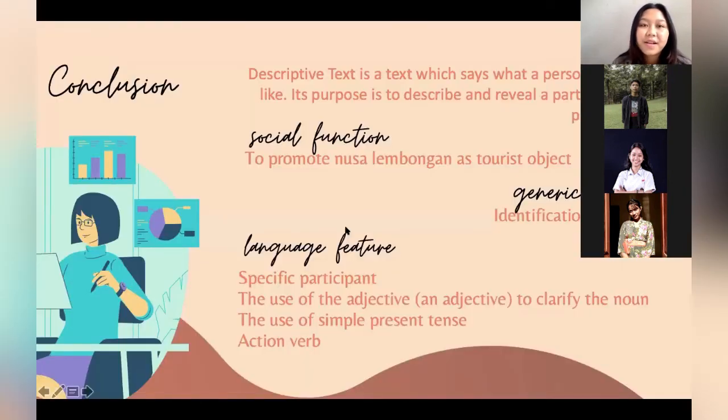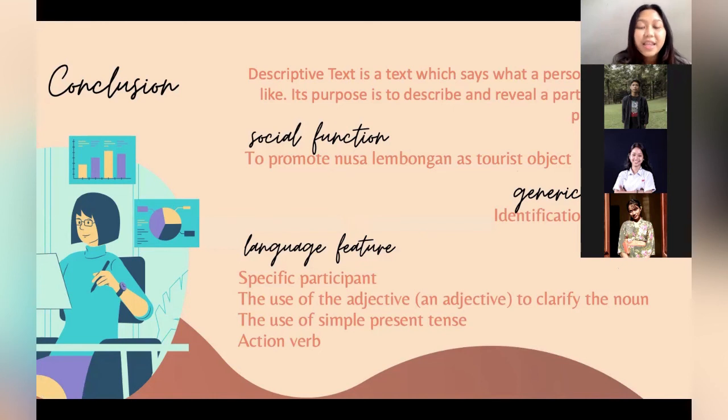So, we can conclude. Descriptive text is a text which says what a person or thing is like. Its purpose is to describe and reveal a particular person, place, or thing. And the social function is to promote Nusa Lembongan as a tourist object. And the generic structure is identification and description.